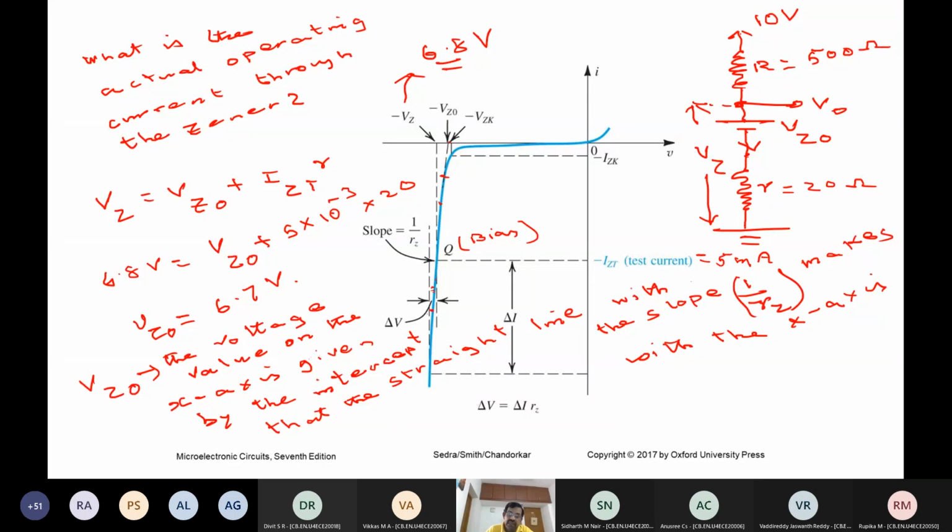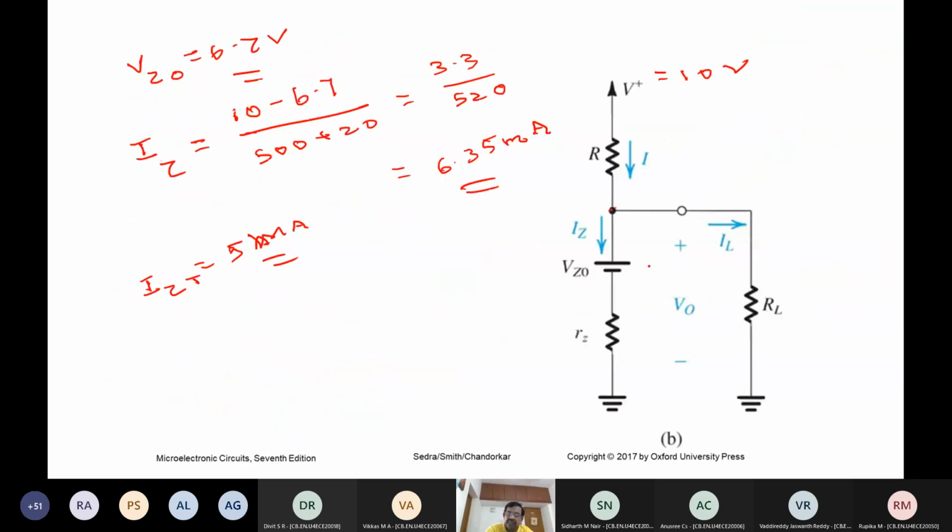Because we are operating at a higher current, we should get some higher value than 6.8. That will be decided by how much the voltage drop across this rZ value. That will be seen across the V0 value. So V0 will be equivalent to the actual operating voltage.